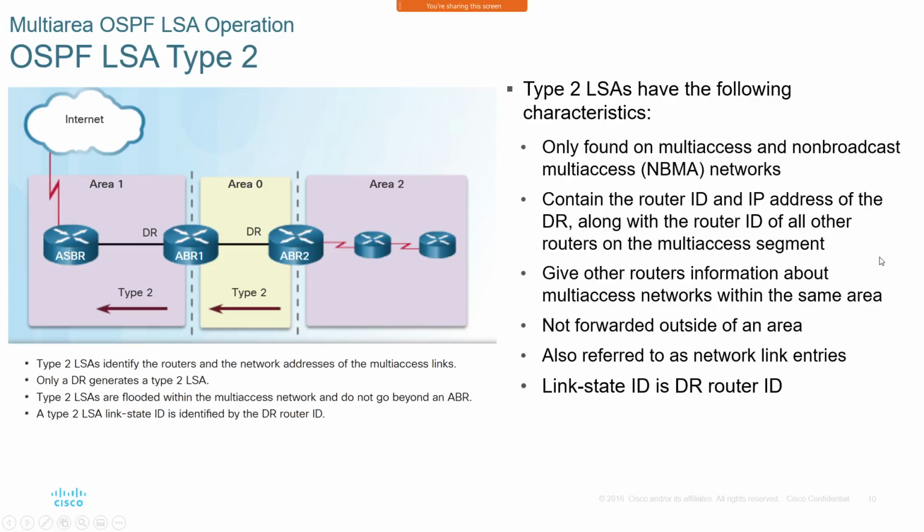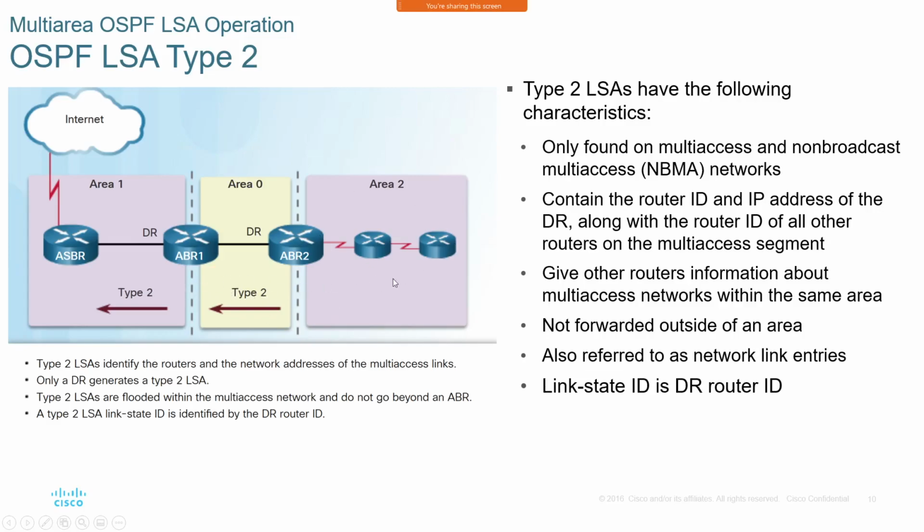How about the LSA type 2? LSA type 2 has the following characteristics. They are only found in multi-access and non-broadcast multi-access networks. If you remember, that's basically wherever we have an election. Remember the election? We don't have an election in a point-to-point network, and that's why here in the serial connections, we don't have type 2 LSAs.